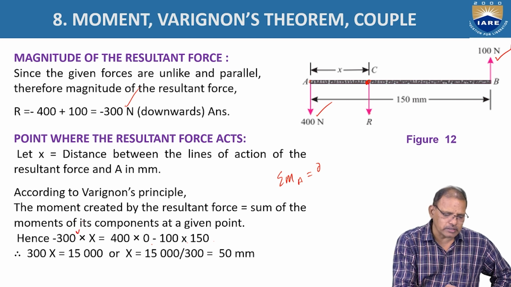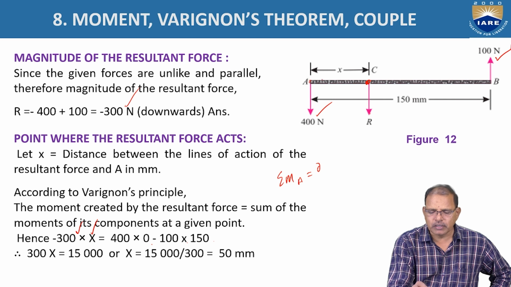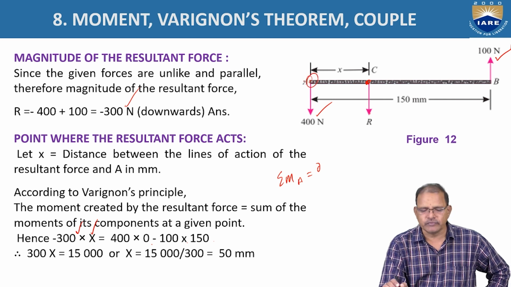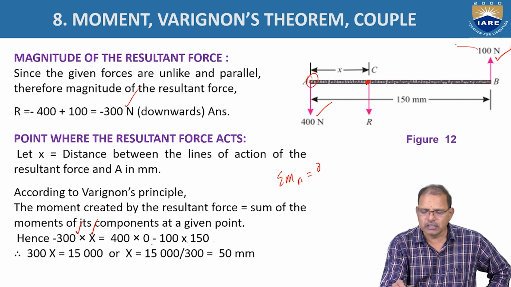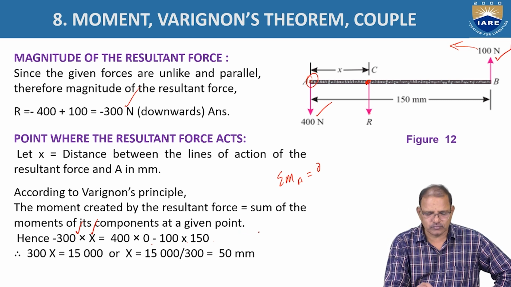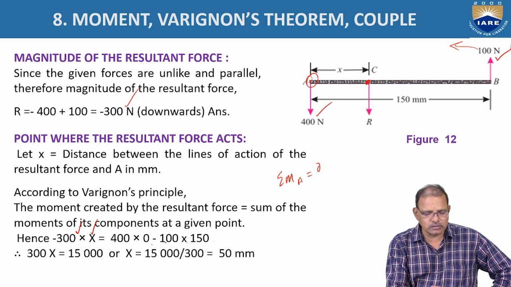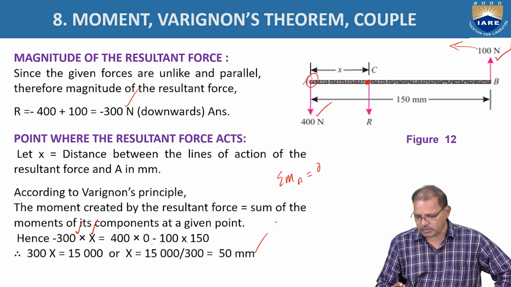Hence, minus 300 into x is equal to 400 into 0, because here the point of application coincides with point A, and 100 into 150. From this relation, 300 into x is equal to 15,000. x is equal to 15,000 divided by 300, which is equal to 50 mm.